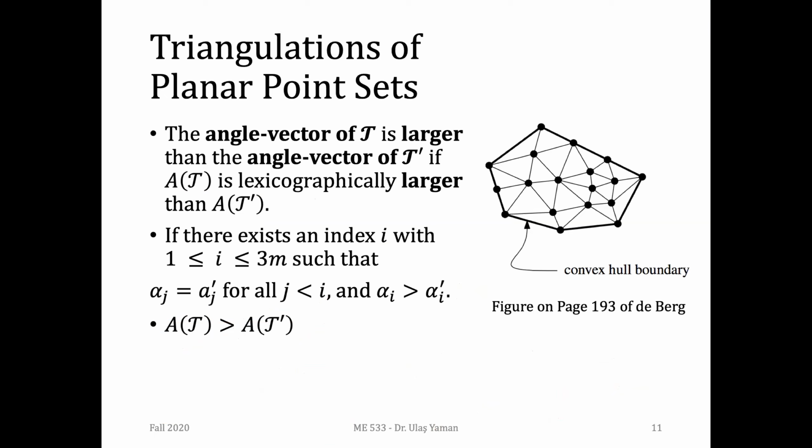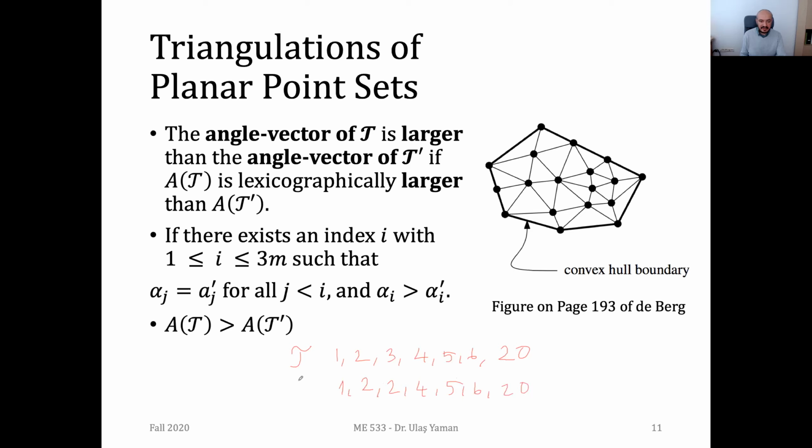Teacher, just one angle difference is enough to evaluate our case, right? Just one example is enough. Yes. For instance, assume that these are the angles for the tau, and now I will have, for instance, like this one. So which one is lexicographically larger?